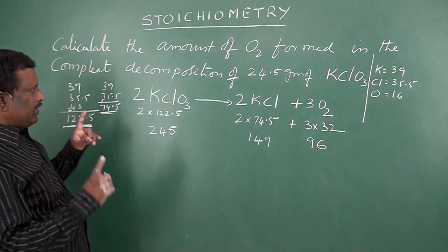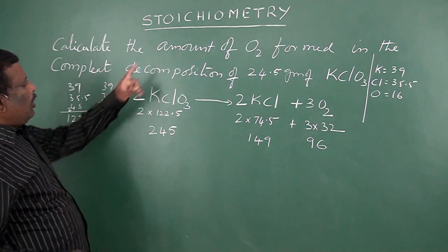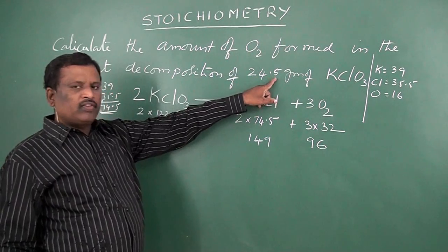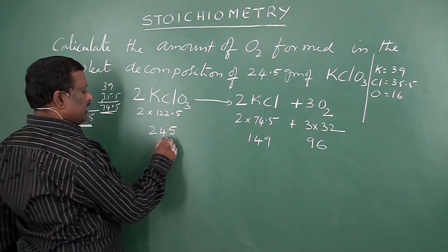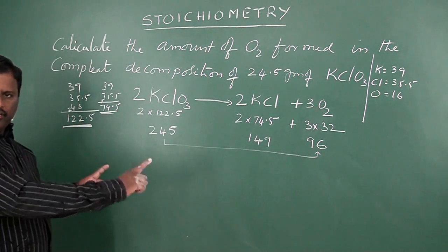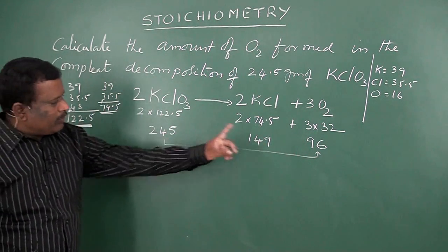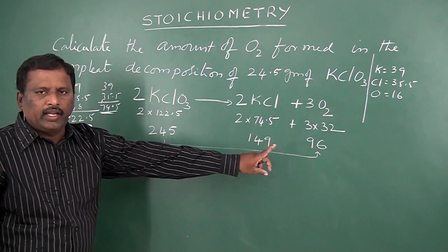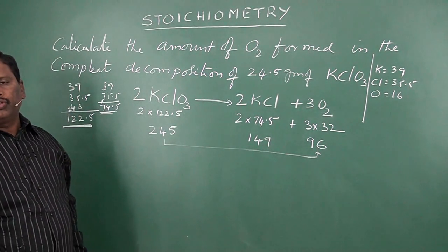So now what are they asking? They are asking the amount of O2 with the amount of KClO3. So they are asking this relation. According to this equation, 245 grams of KClO3 can give 96 grams of O2.